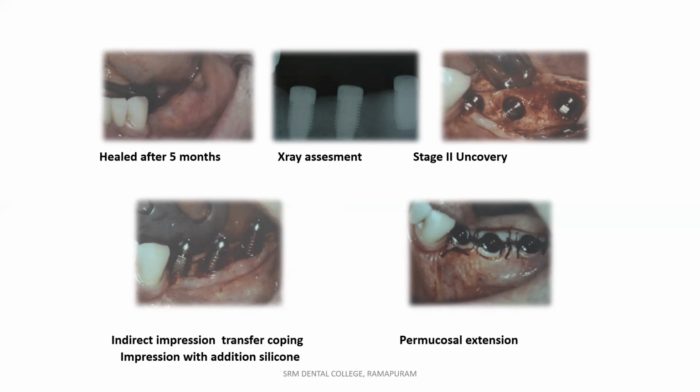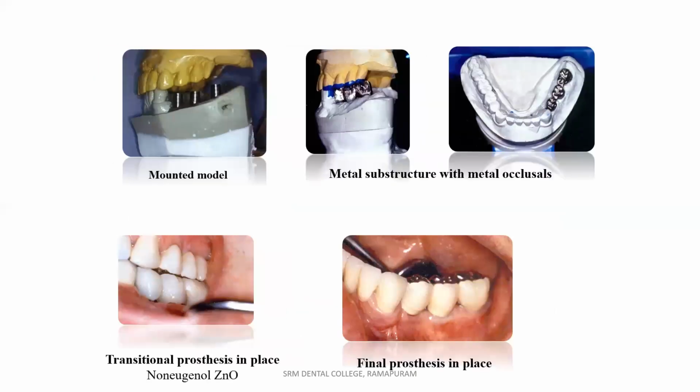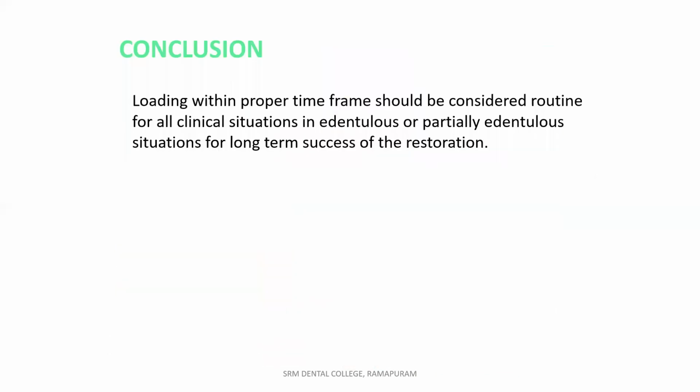And once the impression has been made, the implant will be closed with the firm mucosal extensions or the healing caps. So the impression will be poured and the mounted models will be articulated, followed with metal try-in, and either provisional or the final prosthesis will be placed.